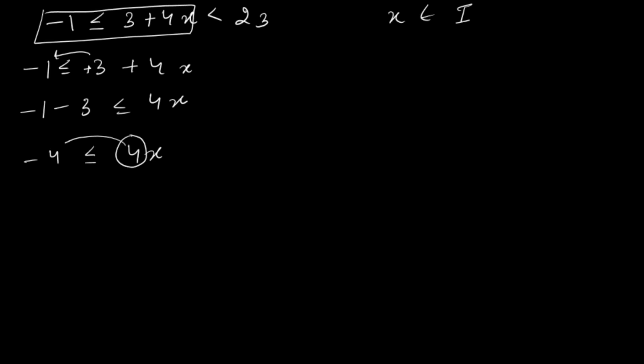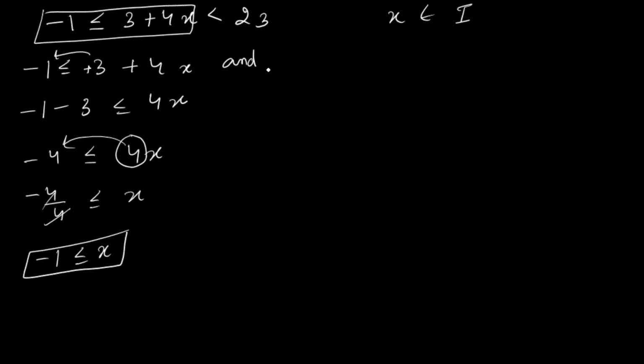Now 4 we have to shift to the other side, it's getting multiplied, on shifting it will get divided. So x is greater than or equal to minus 1. And we can write the other one: 3 plus 4x is less than 23.